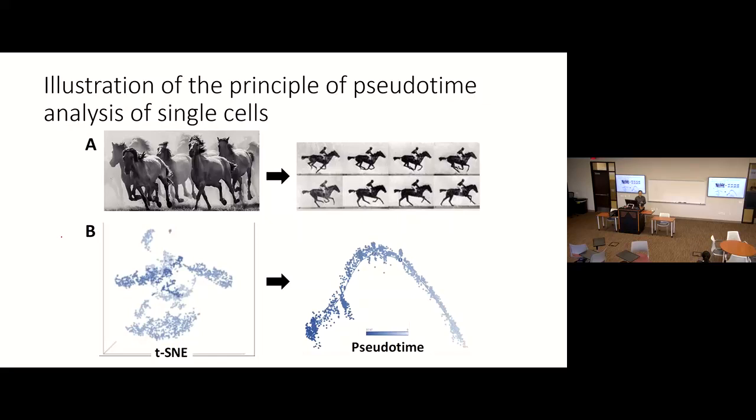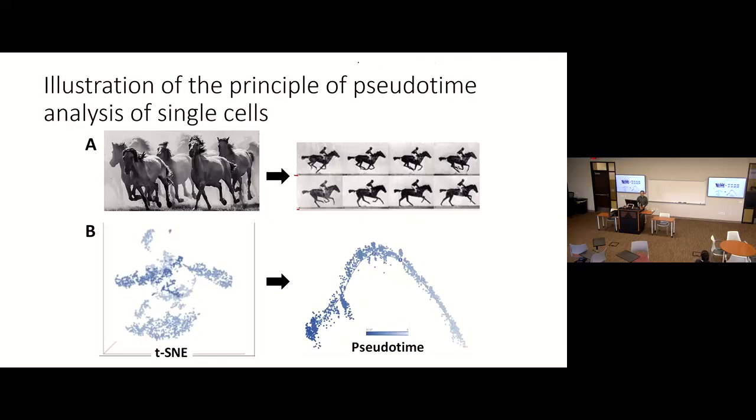Another example, which I try to use to explain to people outside the single cell world how this works. You don't have a video camera, so you cannot take a series of pictures of the movement of this horse in order to study its gait.